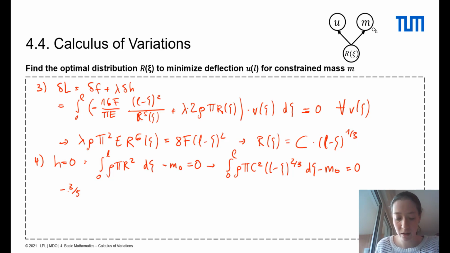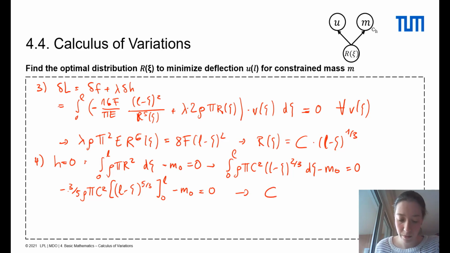So we pull it out, so we got minus 3/5 times rho times p times c squared, because we got a minus from here as well. And then we have L minus xi to the power of 5/3, and we have to integrate it from 0 to L, minus M0 equals 0.